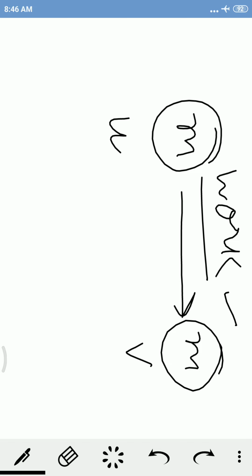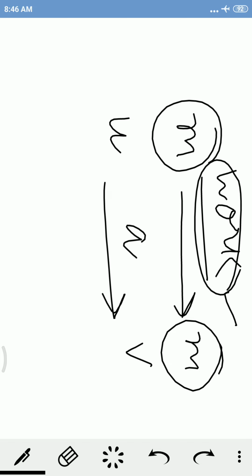Okay, so it means it has acceleration. Whenever there is a change in velocity, it means there is acceleration. Now what will be the work done on this object to change its velocity from u to v, and what will be the kinetic energy of this object, that we are going to calculate.